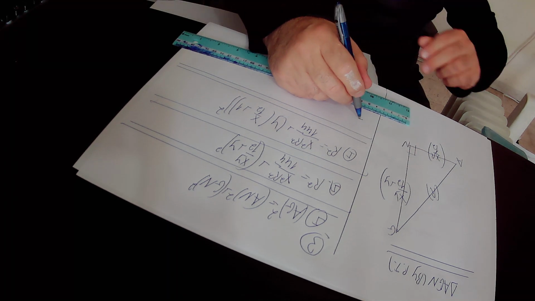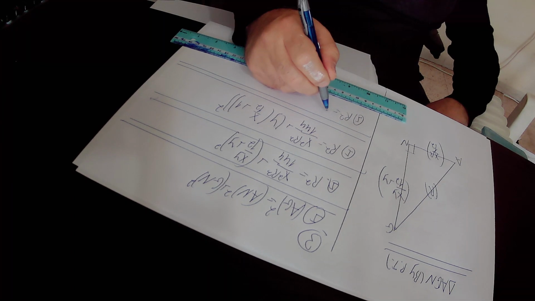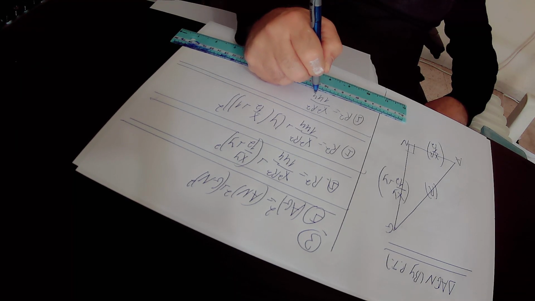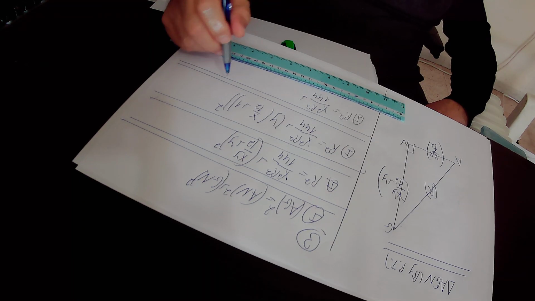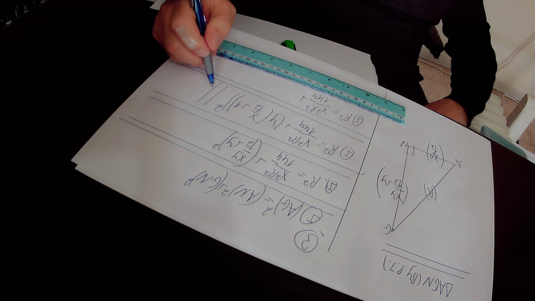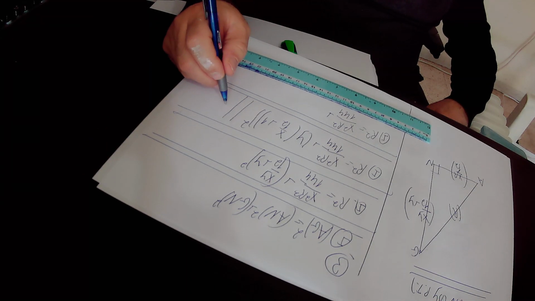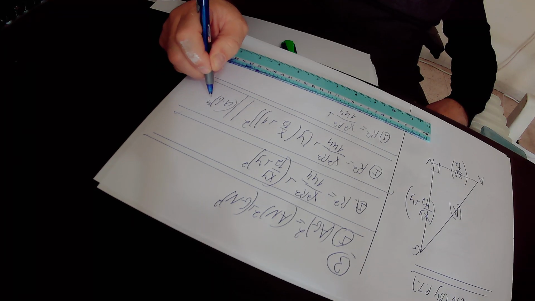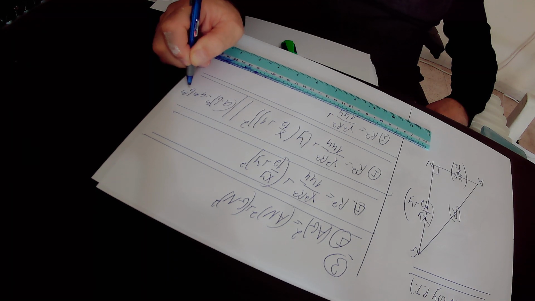So according to equation 1, we found that R square equals x squared times R square over 144 plus this expression. Here we have the algebraic identity that says (a times b) to the power of m equals a to the power of m times b to the power of m.